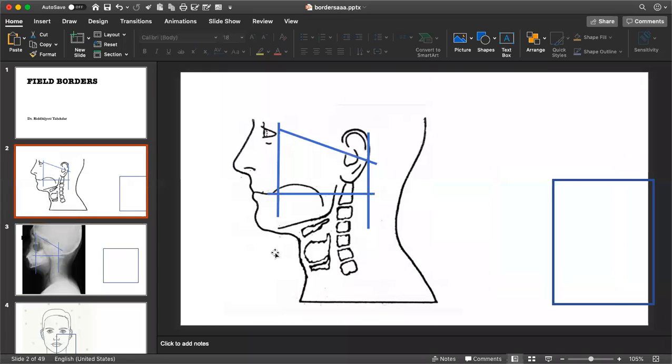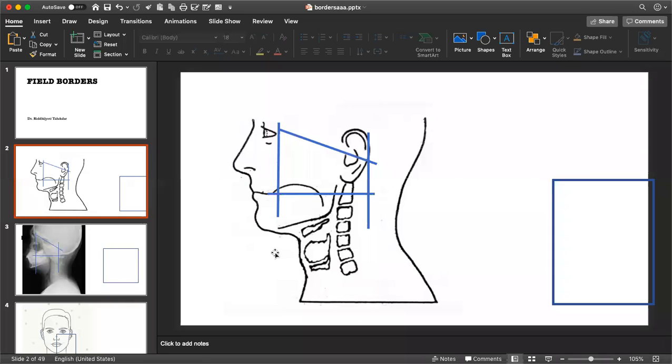So this is what the portal for your maxillary sinus would look like. Any doubts? Should we move on to the field borders of the anterior portal?